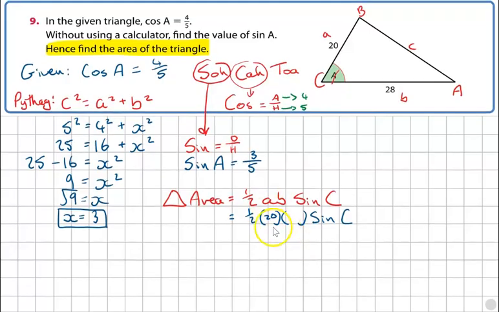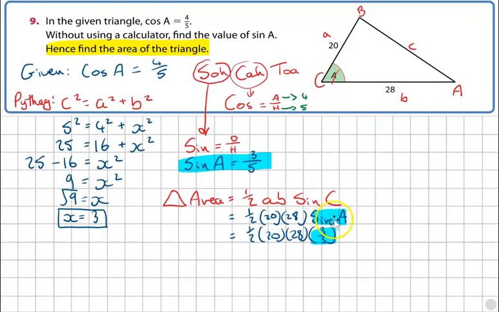So the A is 20 units, so that came from up here. The B is 28 units, so that came from here. And I'm replacing sine C with sine A because originally it was angle A. And we're going to use what we worked out up here, sine A equals 3 over 5.